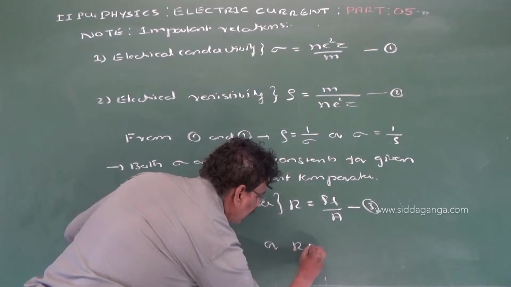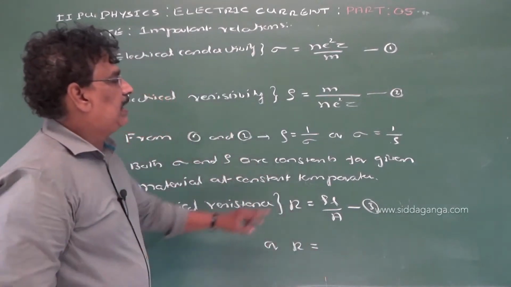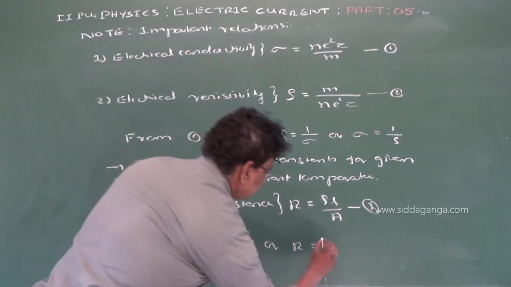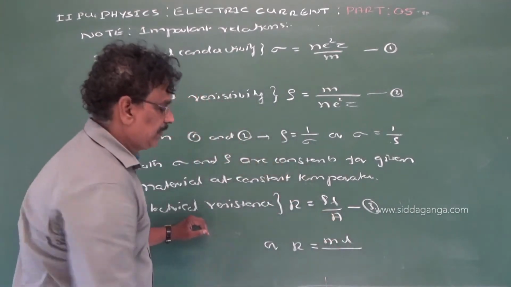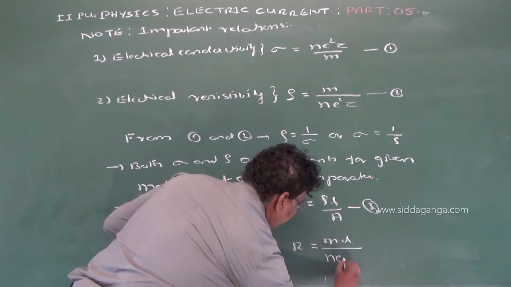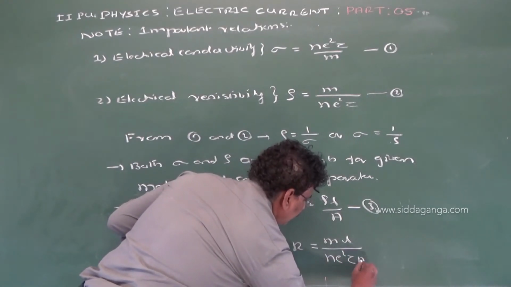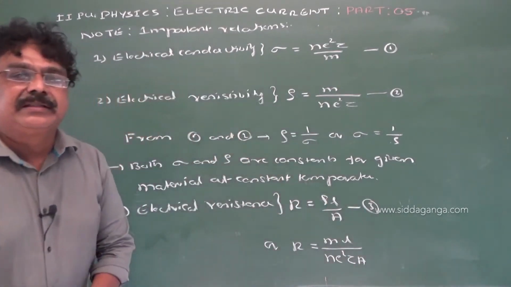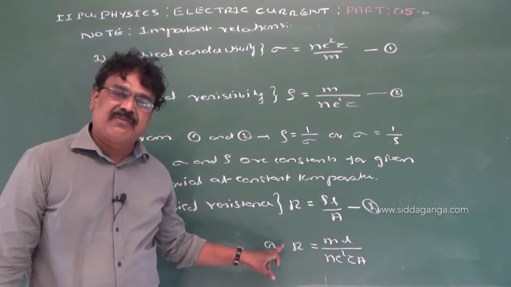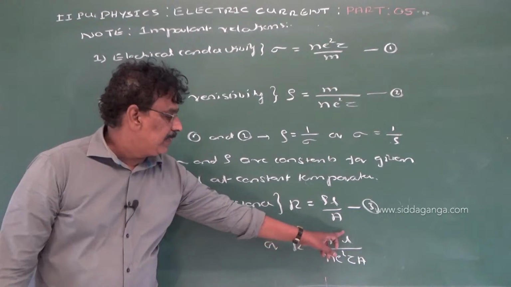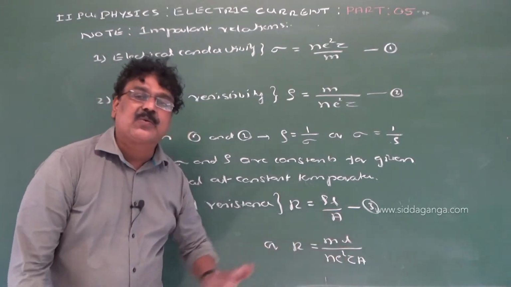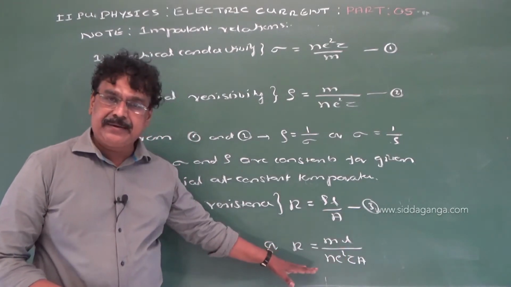Or R is equal to m L by n e square tau into A. This is another expression for electrical resistance.